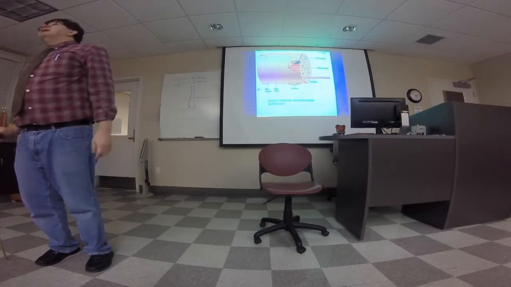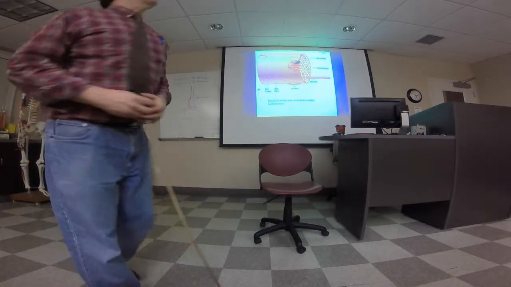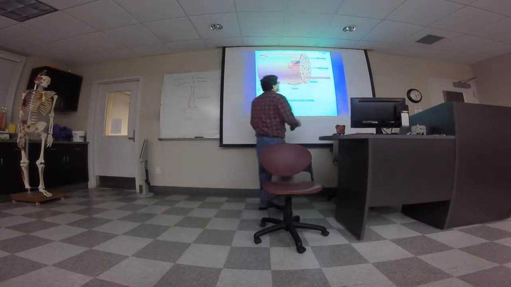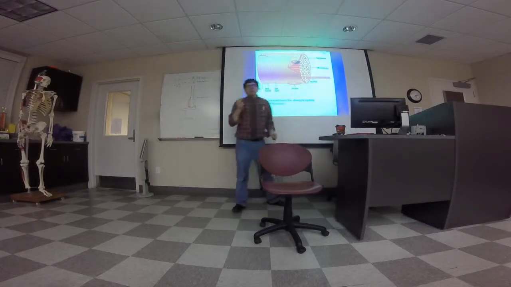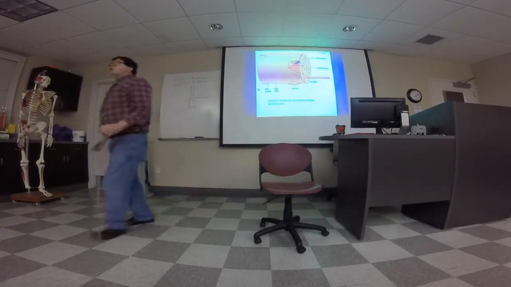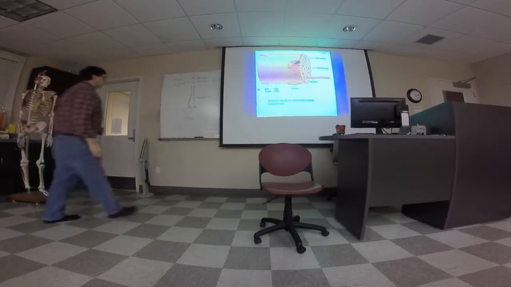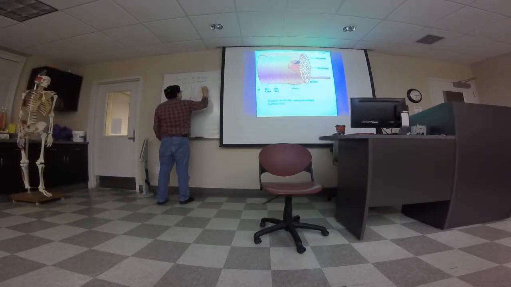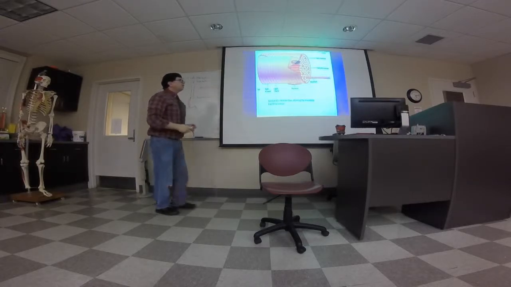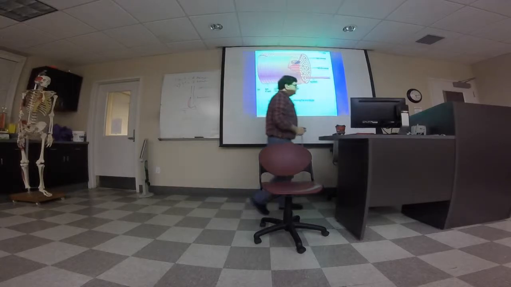Now, why am I making such a big deal over these Z-discs? Because this portion of the myofibril from one Z-disc to the next, and again, from this Z-disc to the next, and again, this portion of the myofibril is called a sarcomere. The sarcomere extends from one Z-disc that's running down the center of the light band to the next.